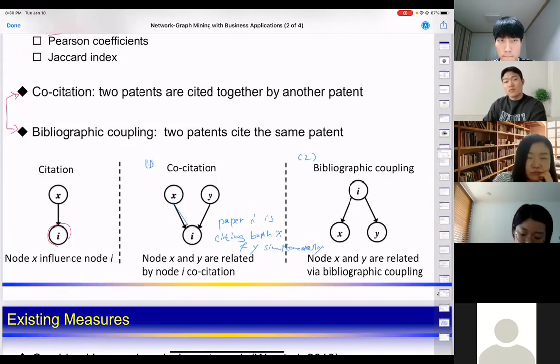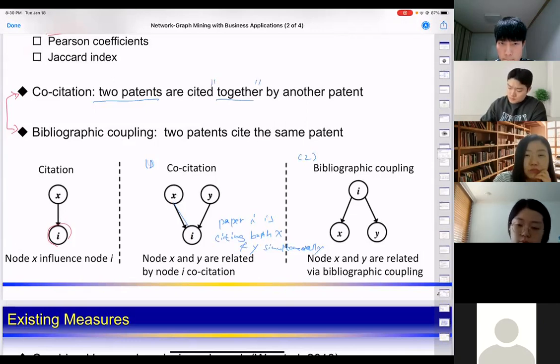That's the concept of co-citation: two patents or two papers cited together by another patent. If there are many co-citations, they are very similar. Make sense?